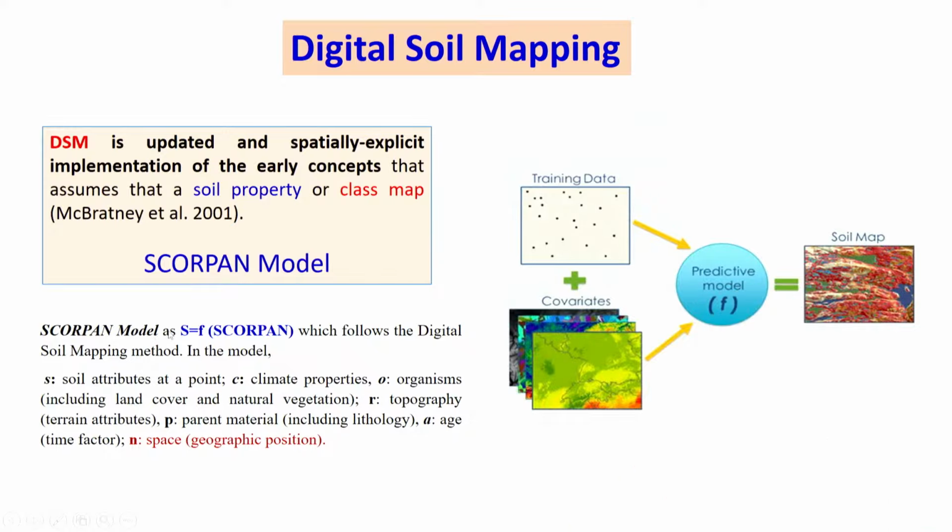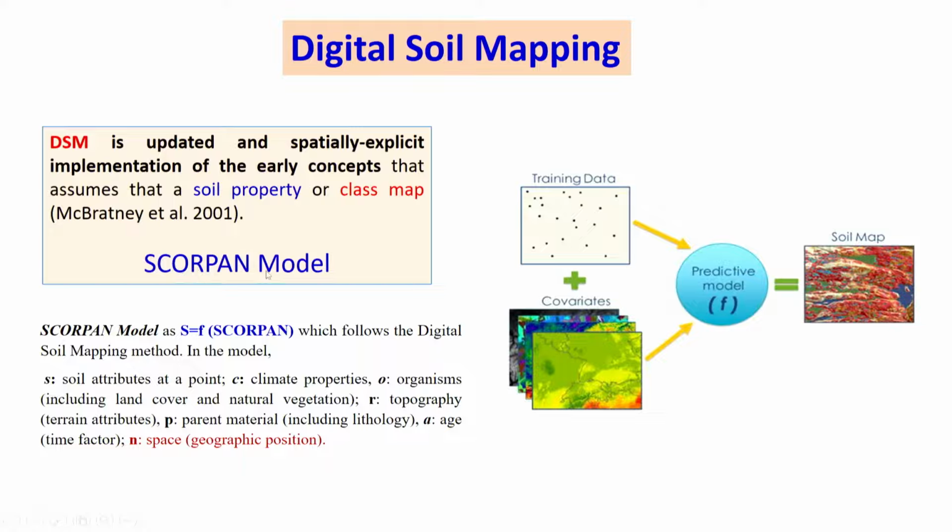Here he defined soil as a function of these factors. There were 4 or 5 factors, and he has added one more factor, the N factor, which is the geographic or GPS location of the point. The other factors remain the same: C for climate, O for organism, R for topography, P for parent material, A for time or age, but N is different, and this is the SCORPAN model.